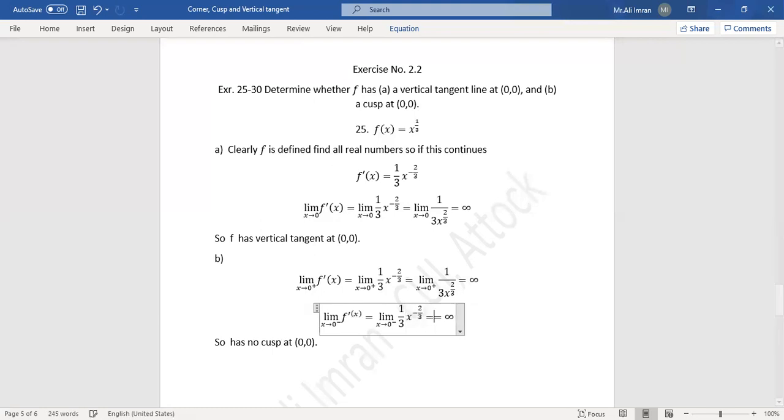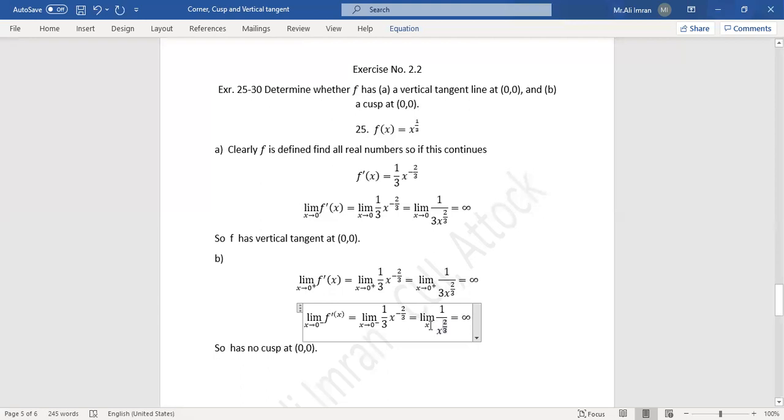If we take it in the denominator, its power becomes positive. When we approach the limit from values less than 0, we would get minus infinity, but here the power of x is 2, which is even, so that negative sign is converted into plus, and we get the left hand limit equal to plus infinity.